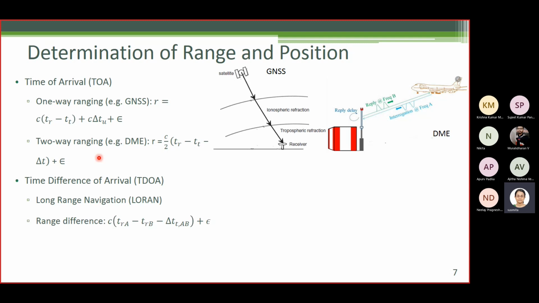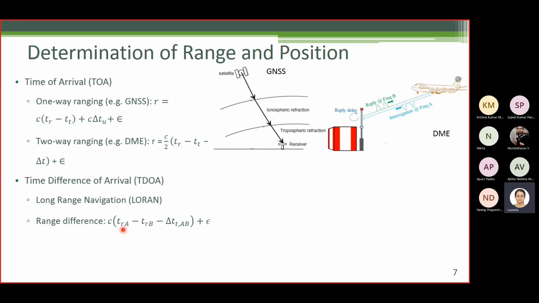First the user receives signals from the master. Once it receives the signal, using a clock, it can find the time of arrival of the master signal. Similarly, it will also receive signals from the secondary transmitters, and it can record the times of arrival of the secondary. So let's consider one master secondary pair.